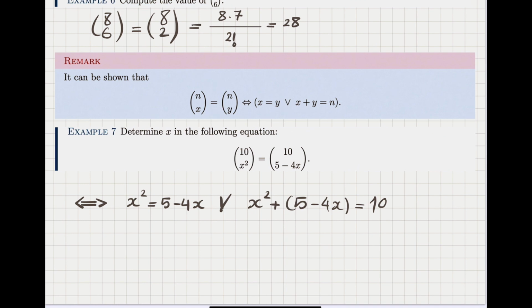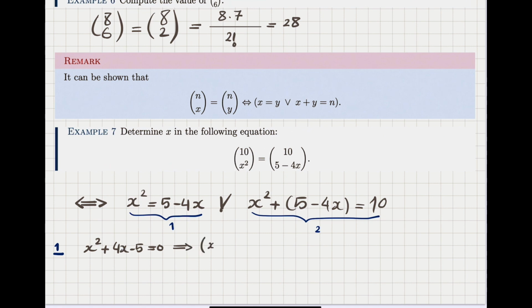So let me call this one number 1 and this one number 2. Okay? So let me solve number 1 first. I move 4x to the left, it becomes positive 4x, minus 5 equals 0. You can use the ABC or PQ formula, but I think the numbers are easy. Yes, we can guess.